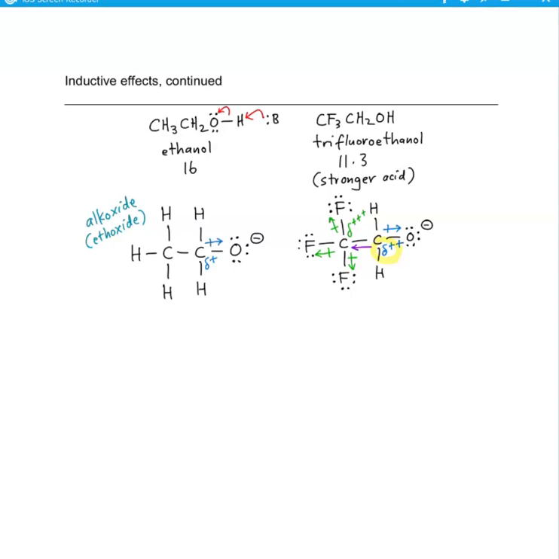Okay, so what we have going on here is the following. Let's think about this just in terms of blobs of charge. So we have an area of increased partial positive charge right next to an atom that has negative charge.